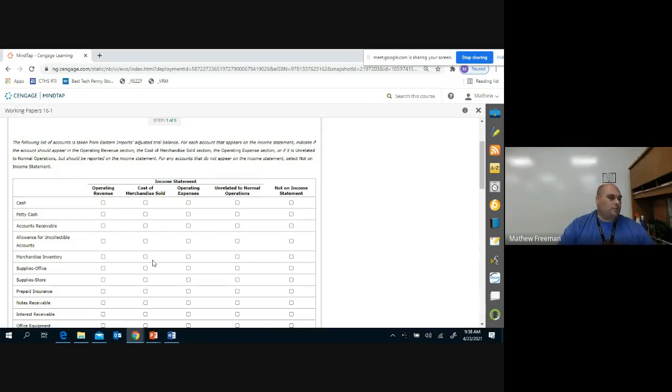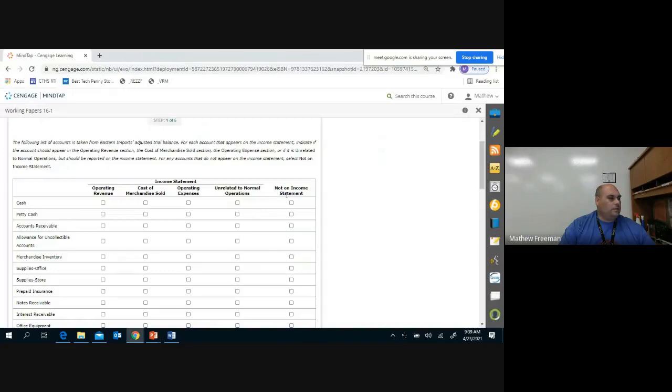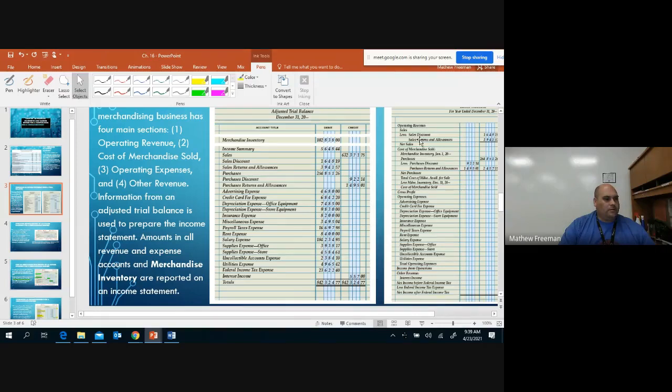So right now you can go ahead and pull up the PowerPoint, and if you don't see the account on any of these, then you just put "not." So right now you can go ahead and go through. Cash isn't showing, petty cash isn't showing, accounts receivable, allowance for uncollectibles, merchandise. We go through and we will find merchandise inventory on here, the ending inventory, and so we will need it.